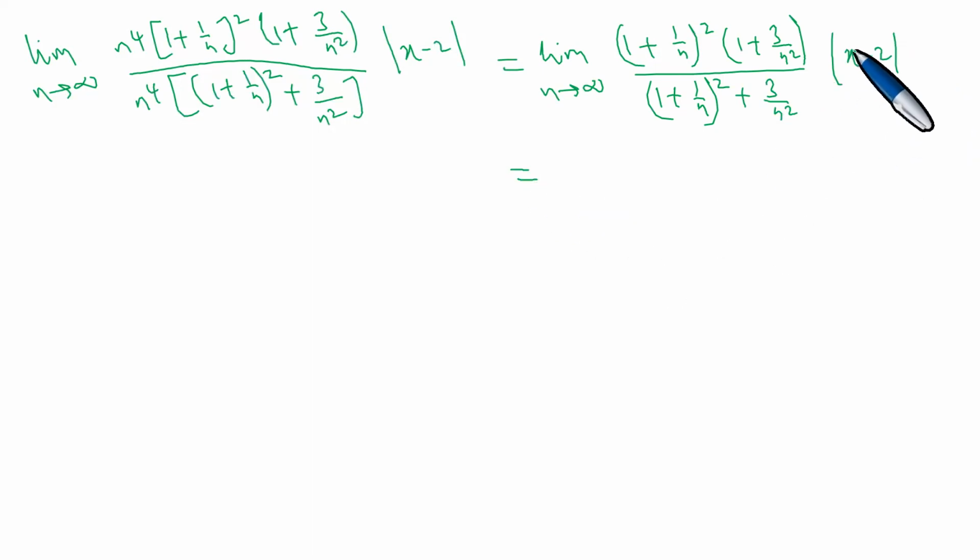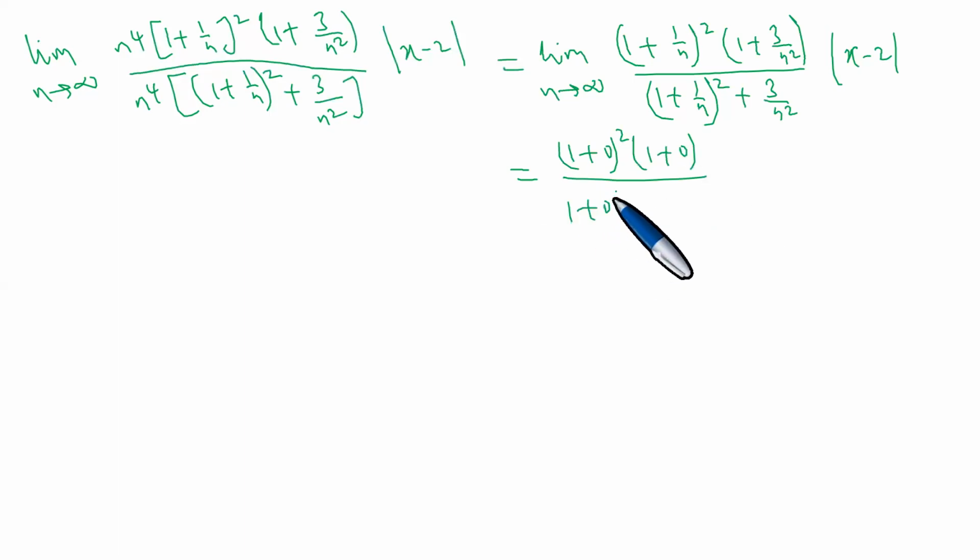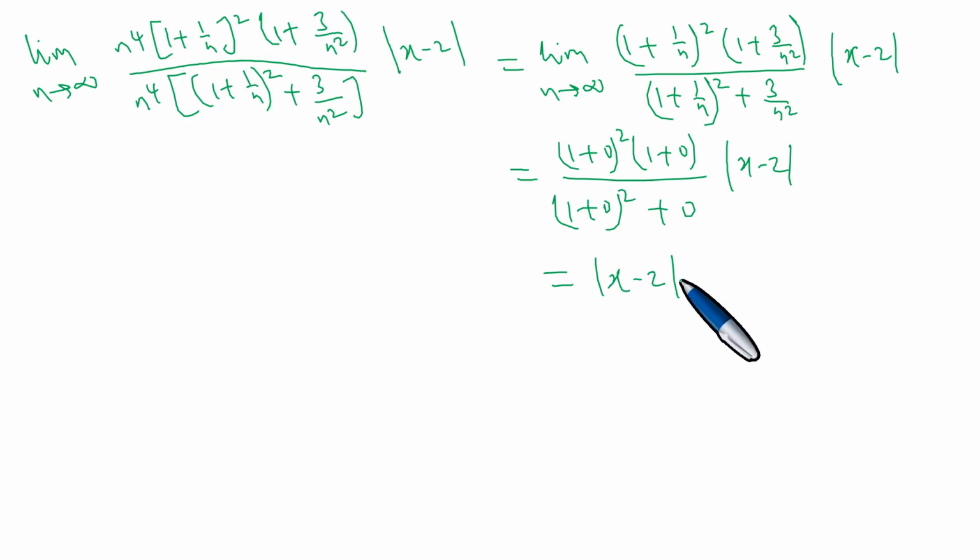As n approaches infinity, it's going to be 1 plus 0 squared, 1 plus 0, divided by 1 plus 0 squared plus 0. So this is 1 over 1, which is the absolute value of x minus 2.